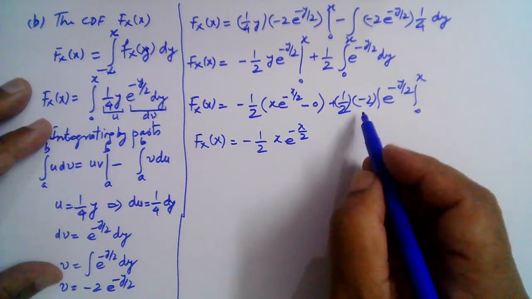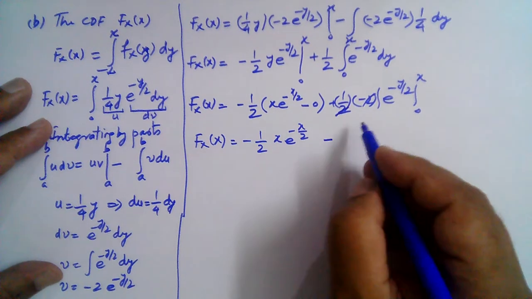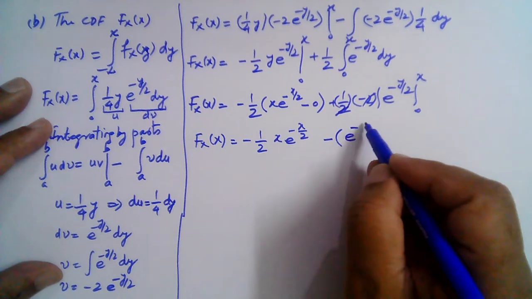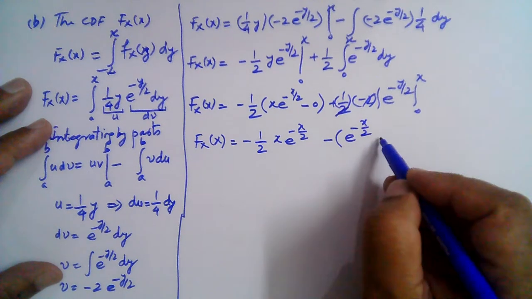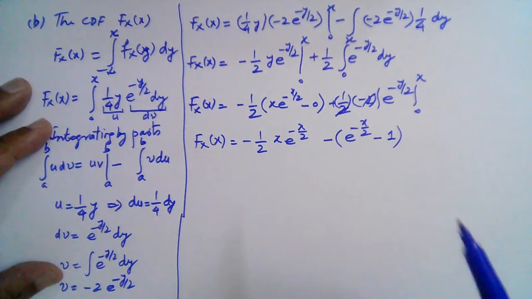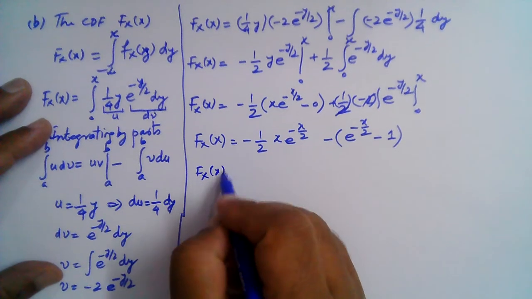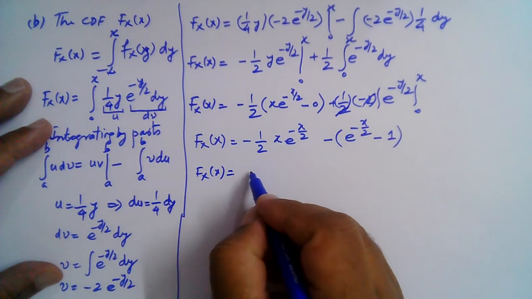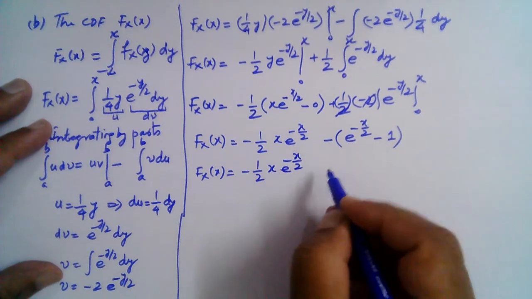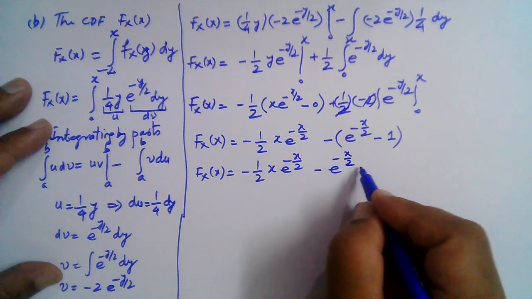And this 1 over 2 cancels with this minus 2, and we can substitute the values: minus e to the power minus x over 2 and minus e to the power 0, so this is 1, right? So F_X(x) is minus 1 over 2 x e to the power minus x over 2, minus e to the power minus x over 2, and plus 1.